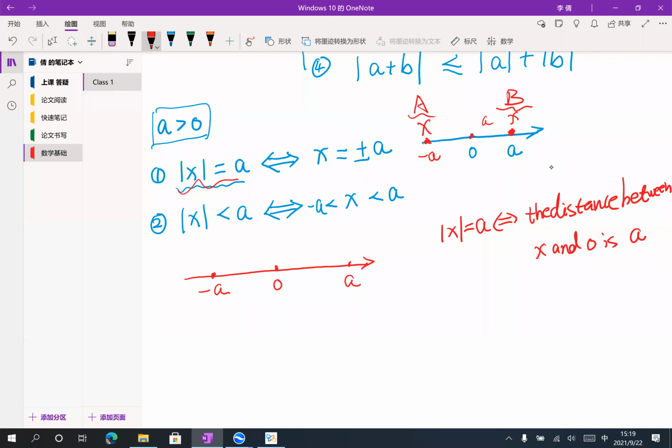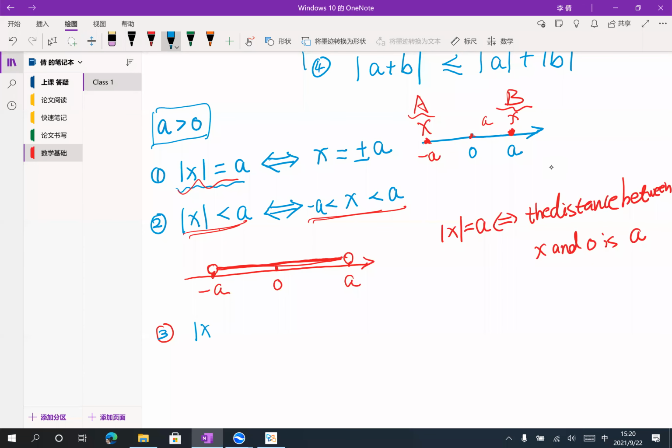So all the points between negative A and A satisfy this inequality. So this interval on the real line is like this. Okay, this is the second one.